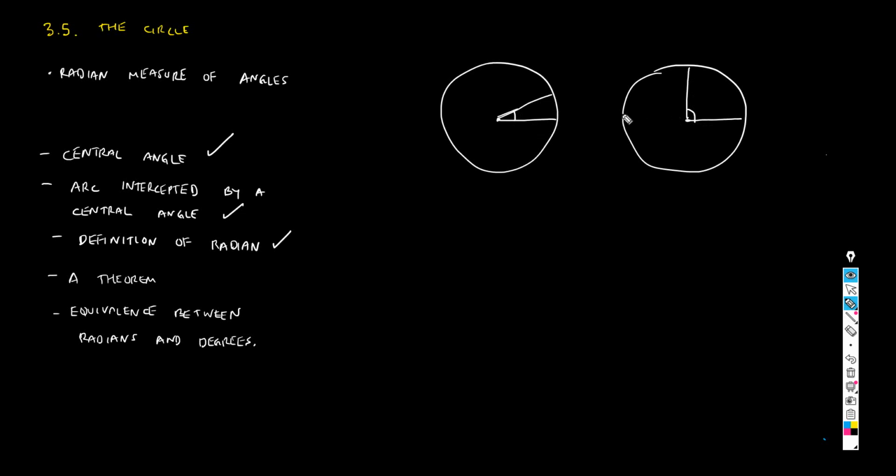Now let me give names to these angles. Let me call this angle 1 and this angle 2. The length of this arc will be called S1, and the length of this arc is gonna be S2.